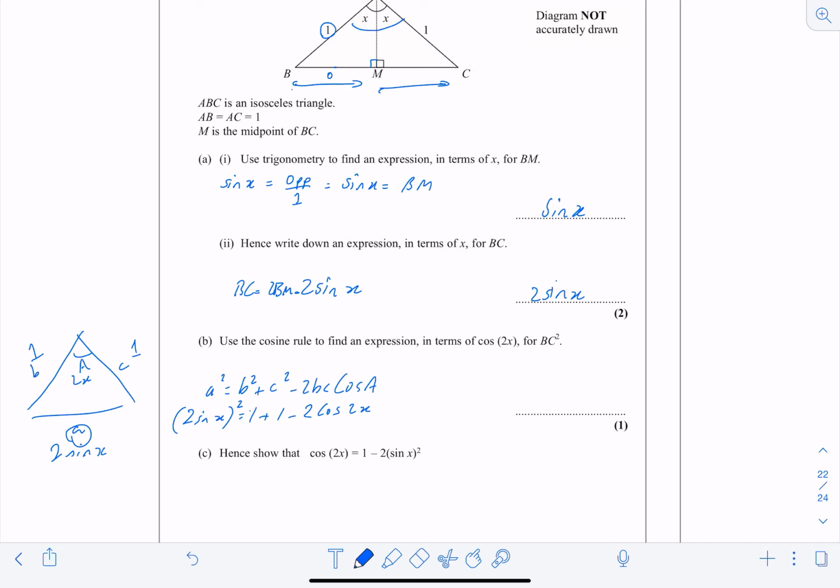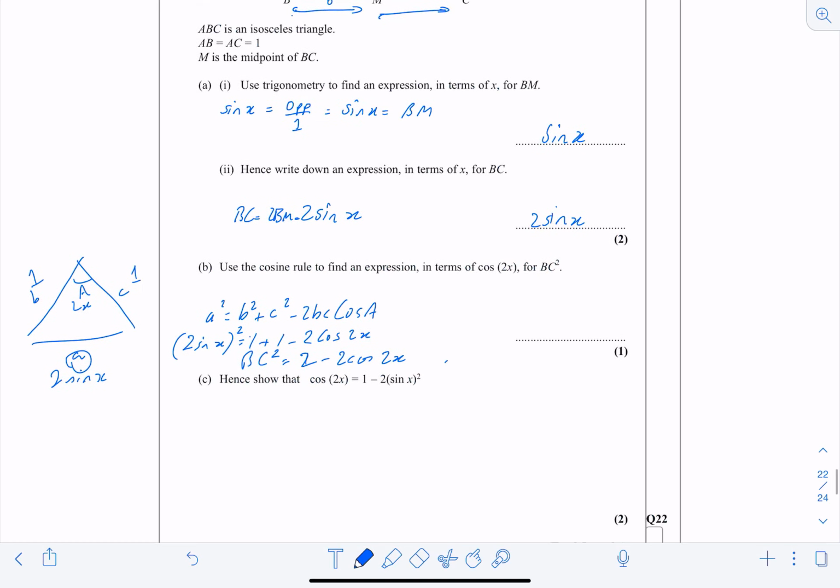Okay, so yeah, so that's in terms of cosine x. Use the cosine rule to find an expression in terms of cosine x for BC squared. Okay, so BC squared equals 2 minus 2 cosine 2x.